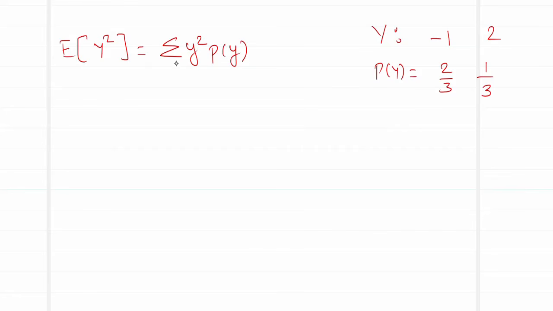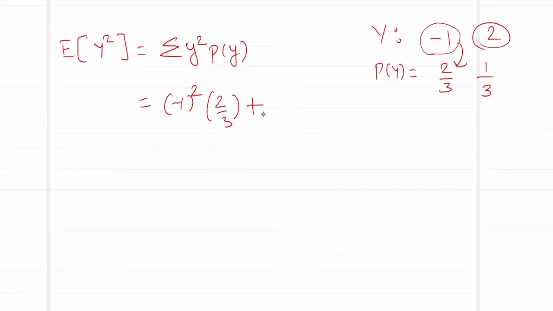So what we have here is Y square into probability of Y. The first value taken by Y is -1, the whole square, and the corresponding probability is 2 by 3, plus, the next value taken by Y is 2, the whole square, into the corresponding probability 1 by 3.